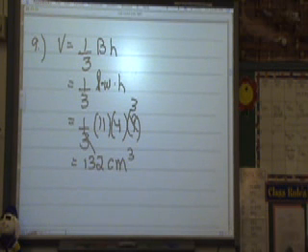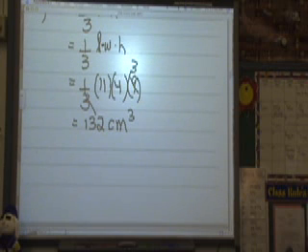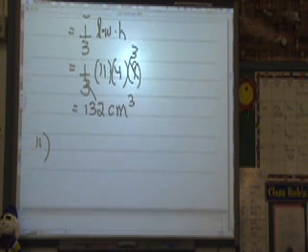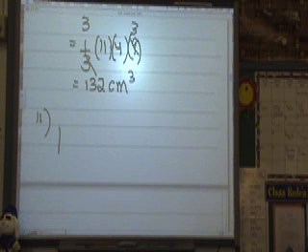Thank you. 11 through 16, you have to draw the figure, and then we're going to figure out what it is. So number 11. Olivia Green, number 11, what shape do we have to draw? A cube. So let's draw ourselves a cube.